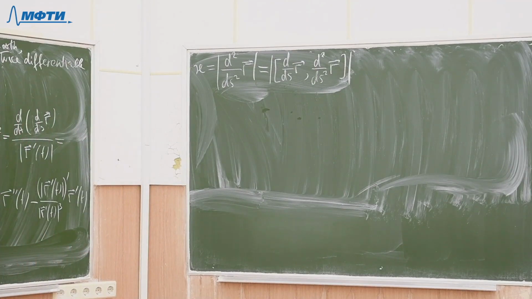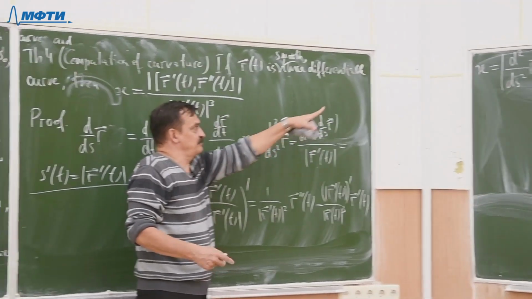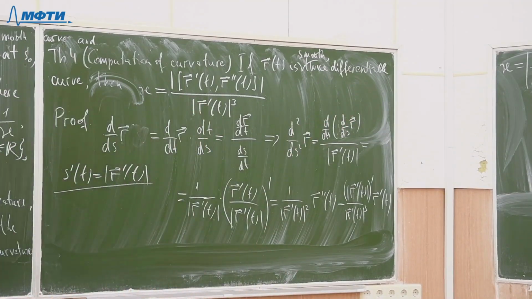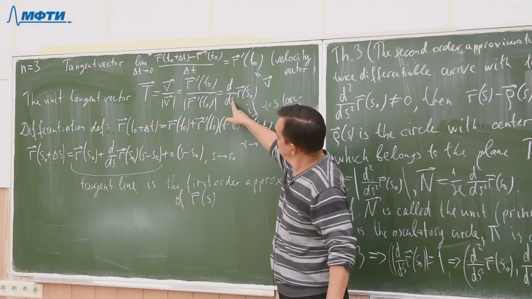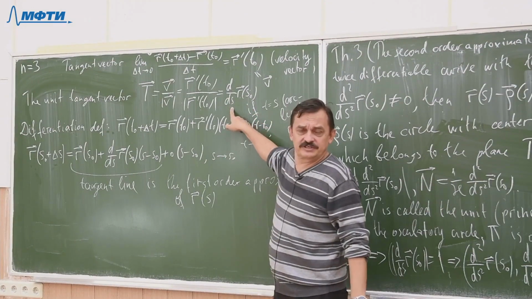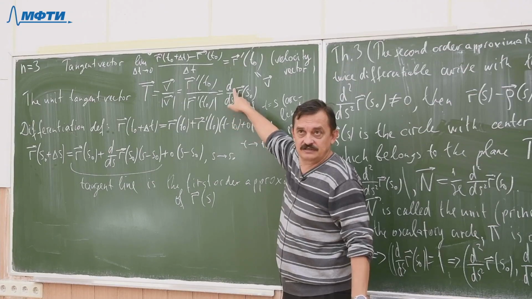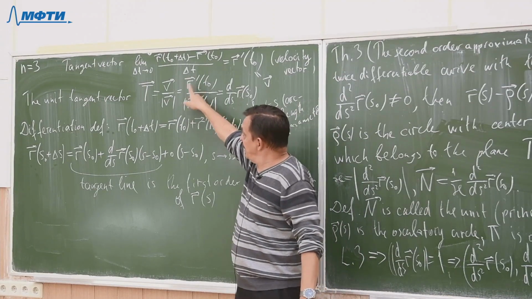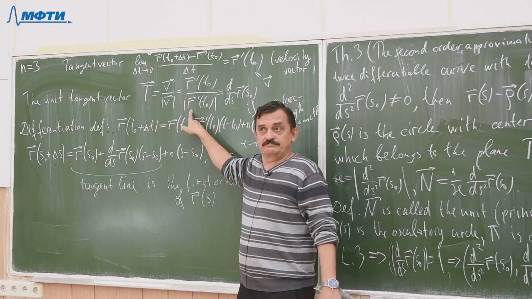We have the vector product of this vector times dr over ds, which is the vector r prime times some constant, right?